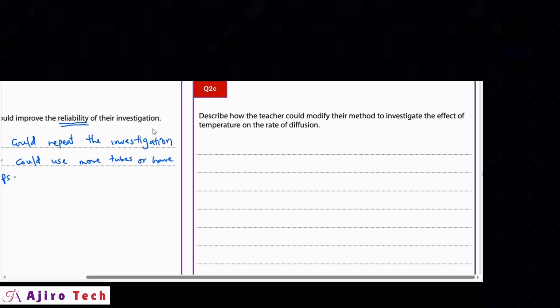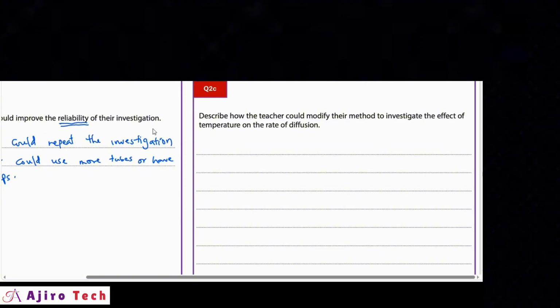So the number of drops will be scrapped, meaning the teacher is not trying to vary the concentration of the reaction.